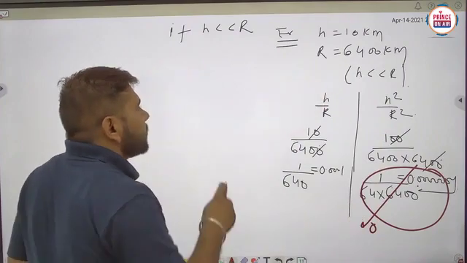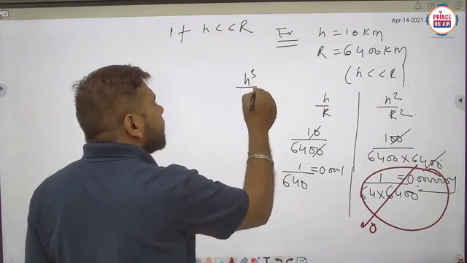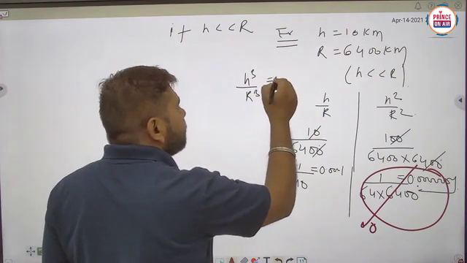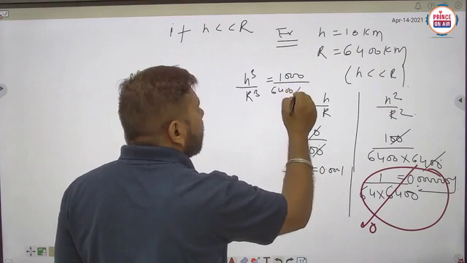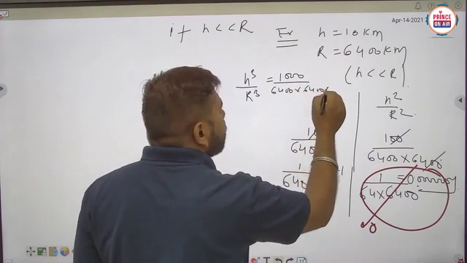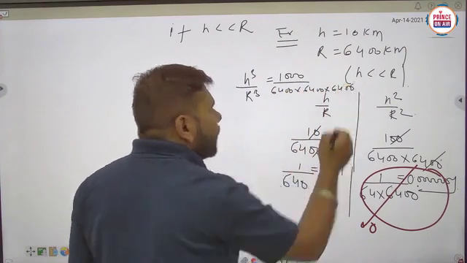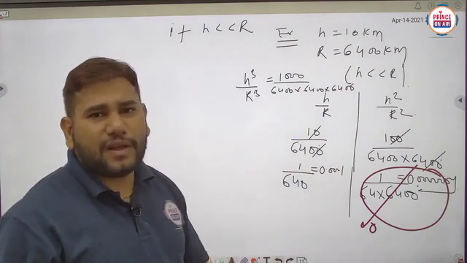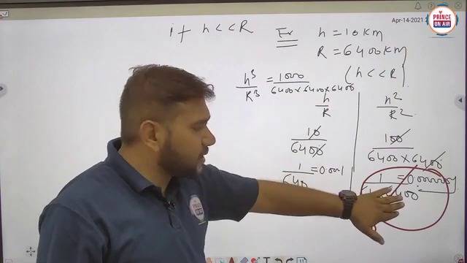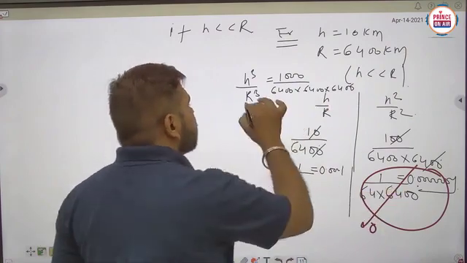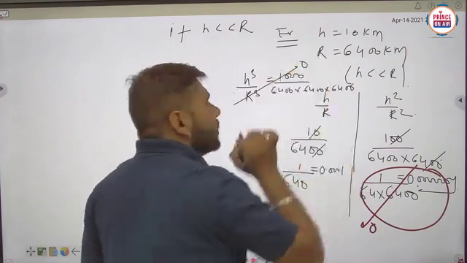Now h cube upon R cube, that is 1000 upon 6400 into 6400 into 6400. This term will be very, very small as compared to this one, so it is almost equal to 0.